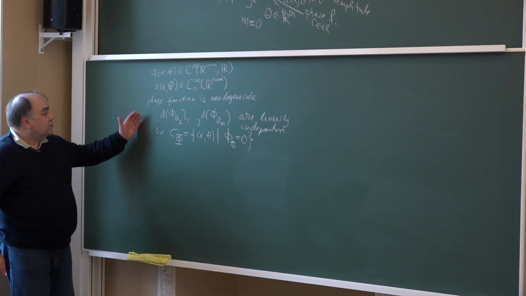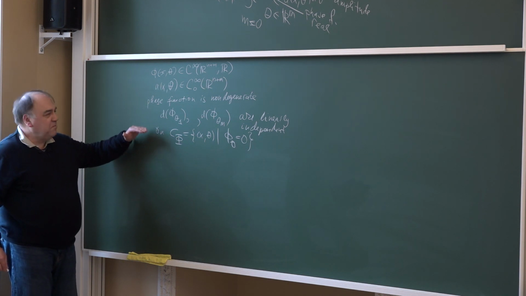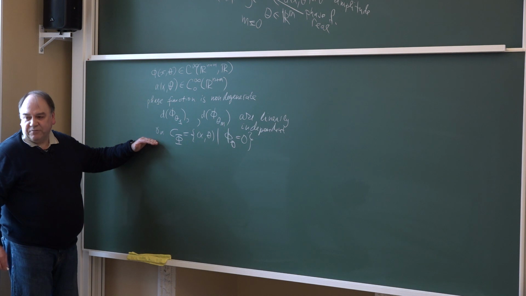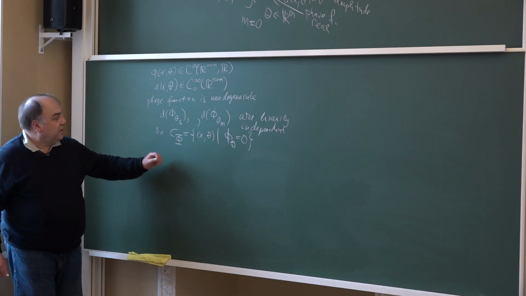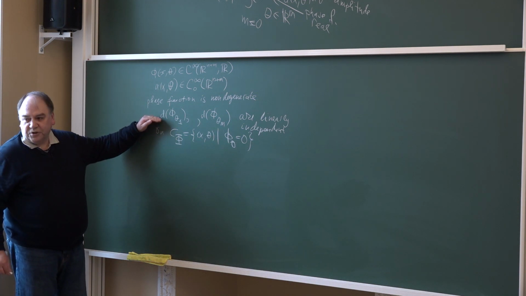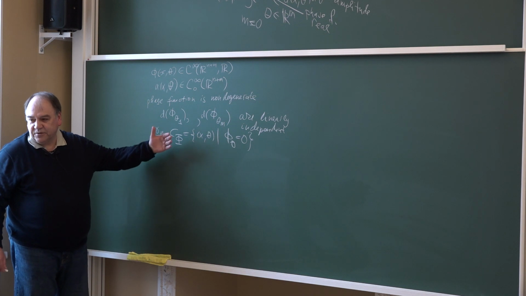So, okay, if we have a non-degenerate phase function, then we can immediately construct a Lagrangian manifold. So let us take this C phi. If the phase function is non-degenerate, then this C phi is a smooth manifold by the implicit function theorem.